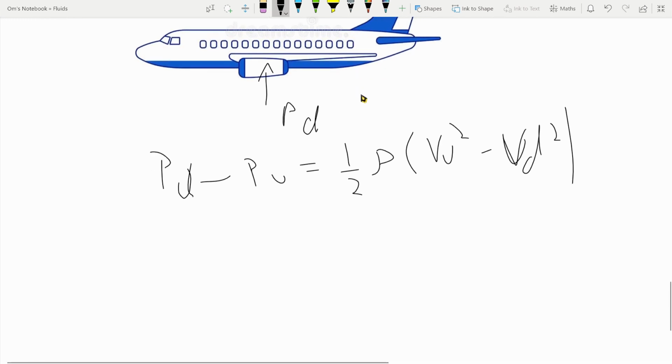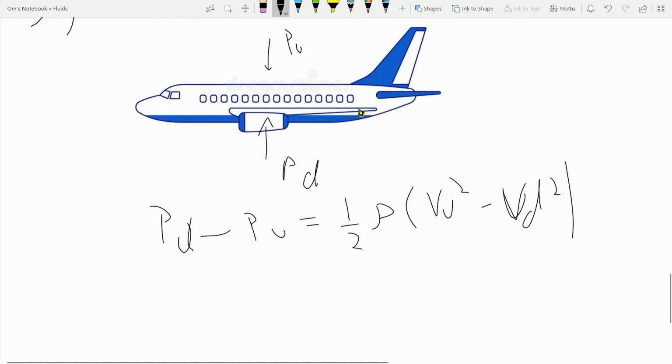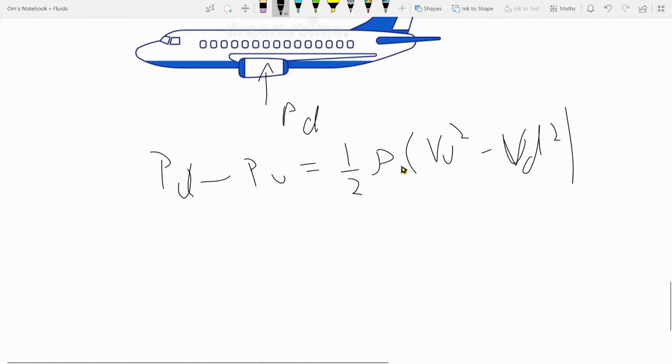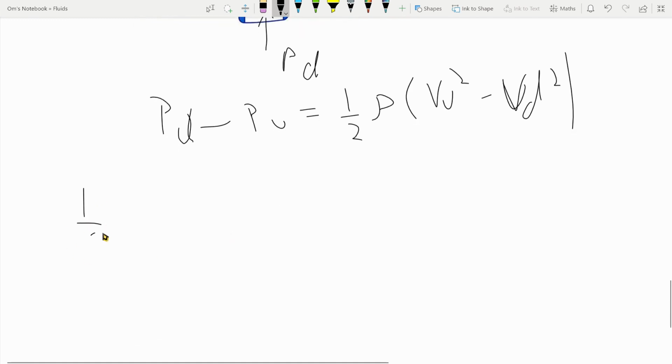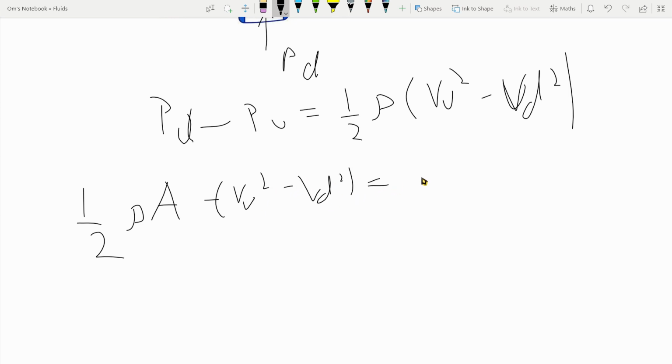So if I multiply this by A, the area of cross section of the plane over here, I can say that half rho A into Vu square minus Vd square is equal to mg.